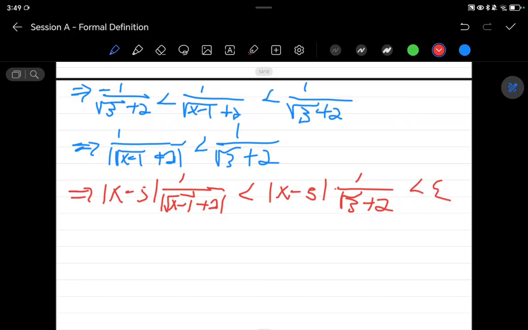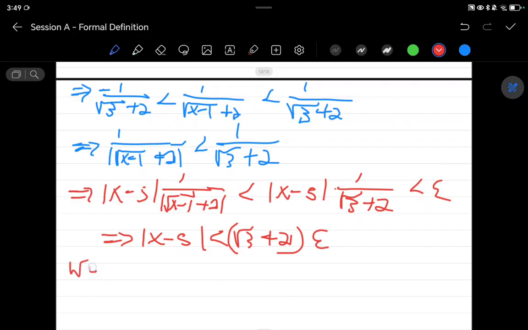You see, right? Then this would imply that the absolute value of x minus 5 is less than, I multiply both sides by this, you see, then we'll have the root of 3 plus 2 times a.